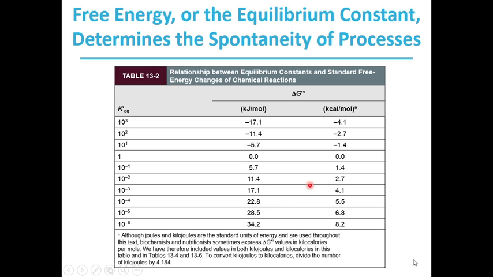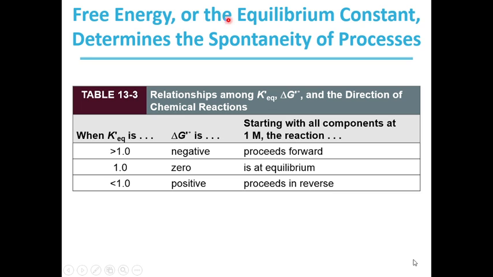Because the relationship between equilibrium constant and free energy change is exponential, relatively small changes in standard free energy correspond to large changes in the equilibrium constant. Free energy, or the equilibrium constant, determines the spontaneity of processes.